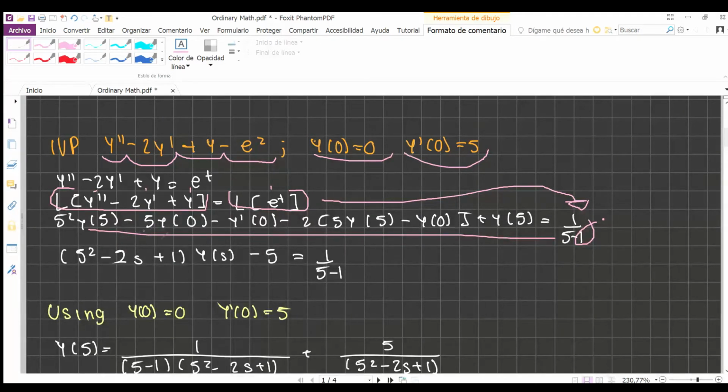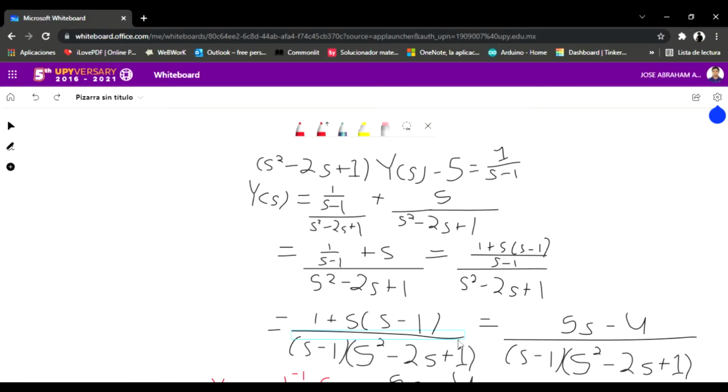And the result will be like this: s squared minus 2s plus 1, all multiplied by Y of s, minus 5 equals the transform of e to the t, which will be 1 over s minus 1. Okay, now we continue with this equation that we have here.